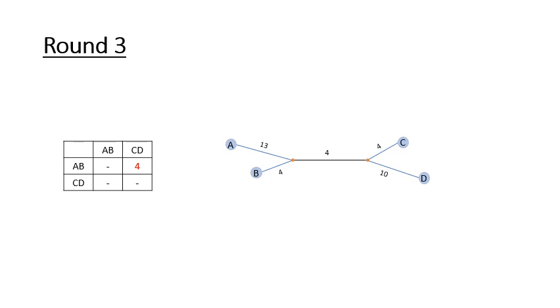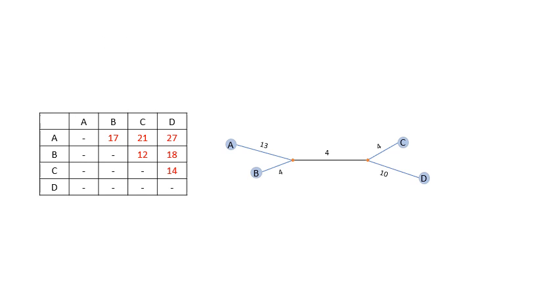Okay, and one interesting thing is that if you look at this tree and see the branch lengths, if you add the distance between A to C, 13 plus 4 plus 4, if you add these three values, you will get A to C is 21.